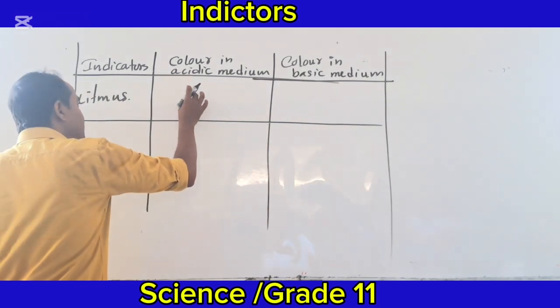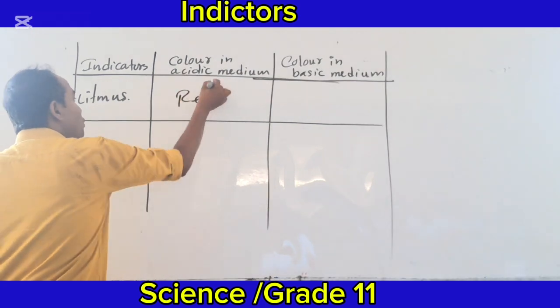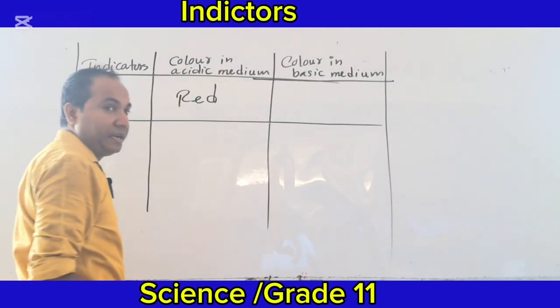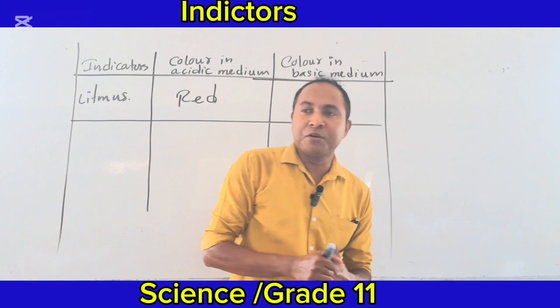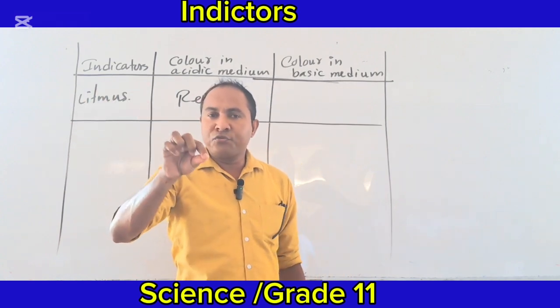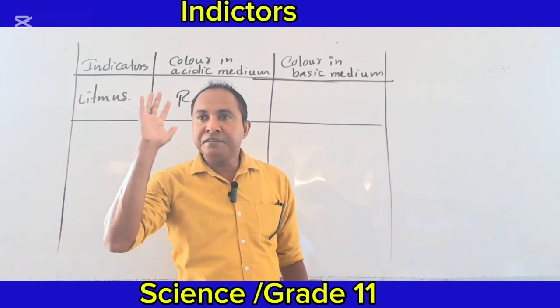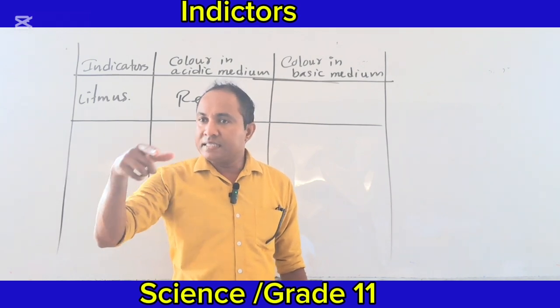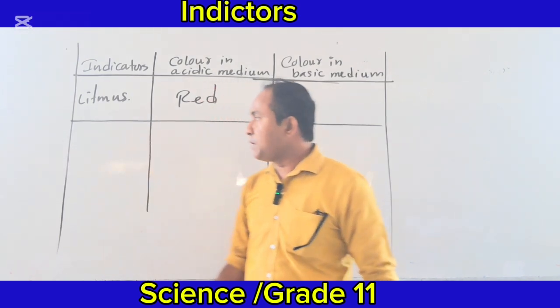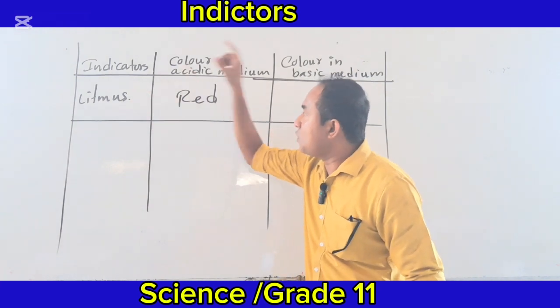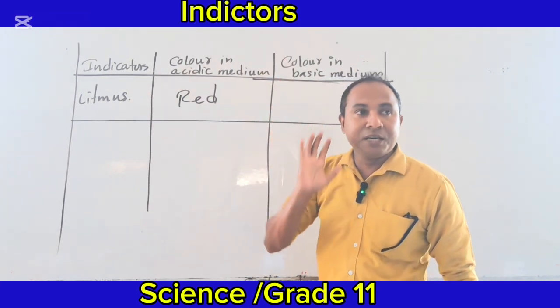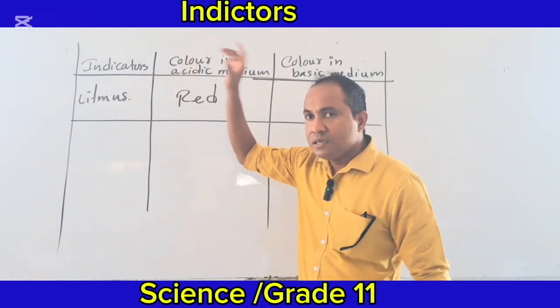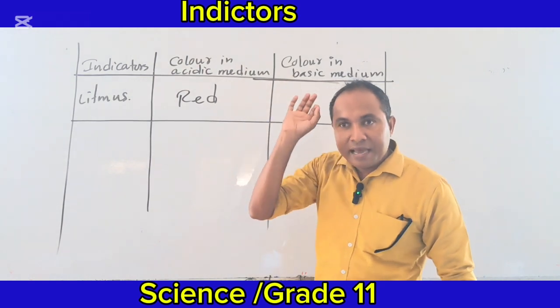All litmus turns red in the acidic medium. If we use red litmus, its red color does not change in the acidic medium, but if you use blue litmus, it turns red. You must remember, all litmus shows red color in the acidic medium.